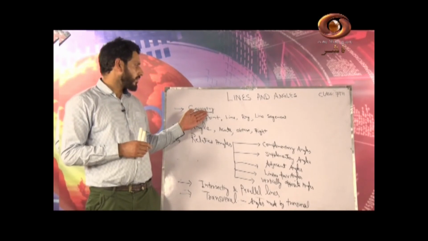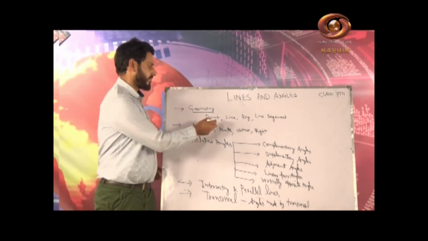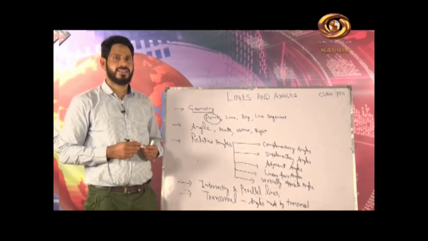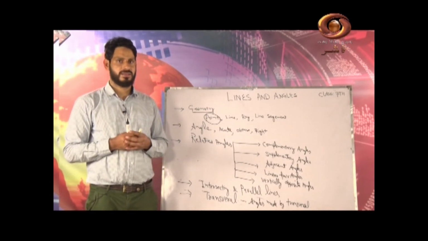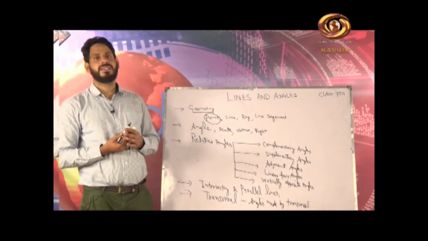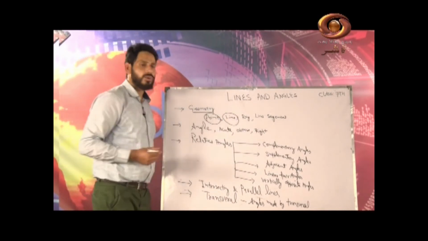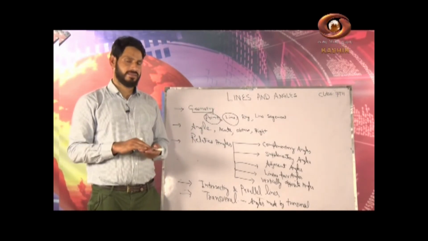So the basics of geometry is the point. A point is dimensionless, that is, it does not have any length or breadth. Once we have something that has length, that is called a line. A line has length but not breadth.